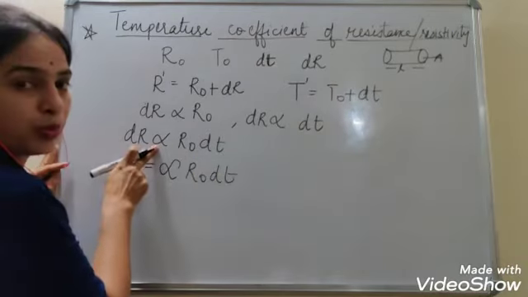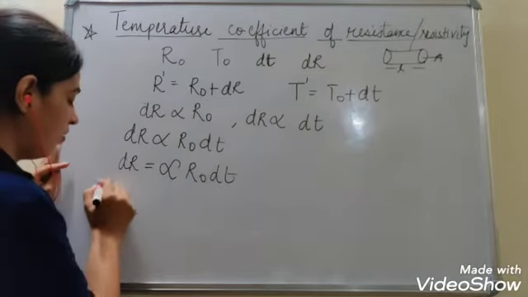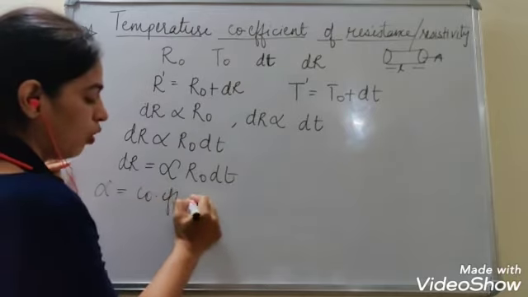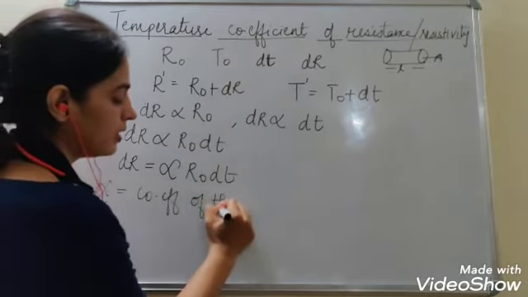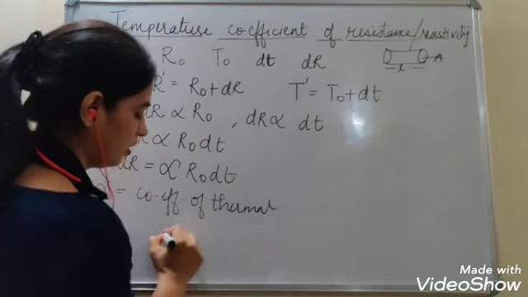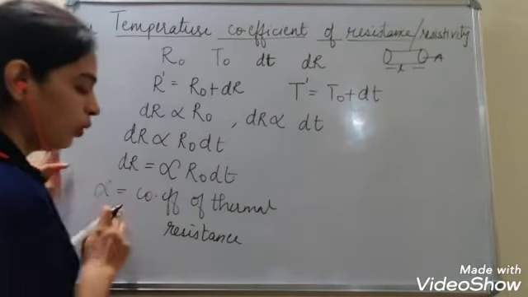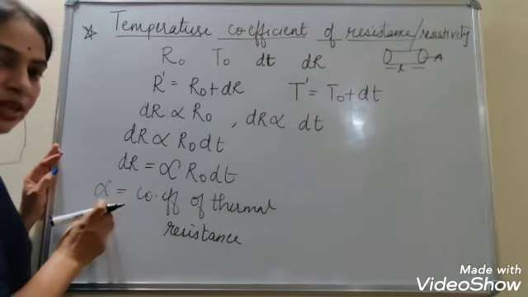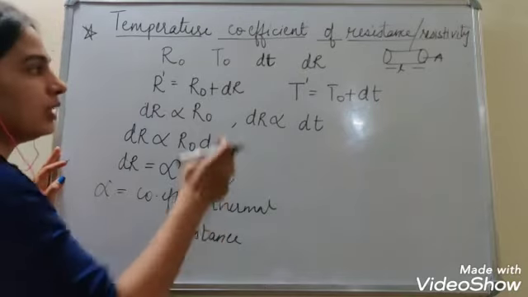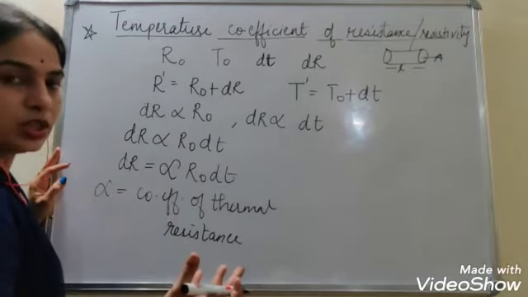Mark here, this is the proportionality sign and this is alpha, where alpha is the coefficient of thermal resistance. If alpha for a particular material is more, then its change in resistance for a given change in temperature is more.